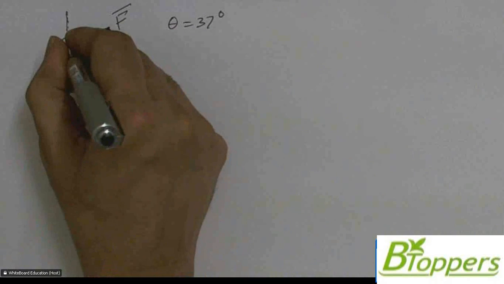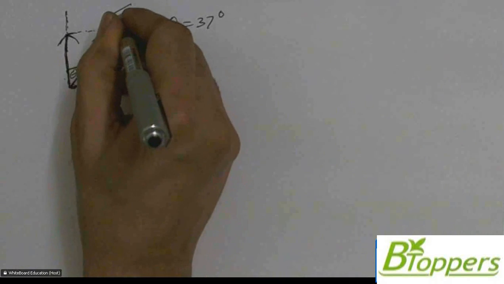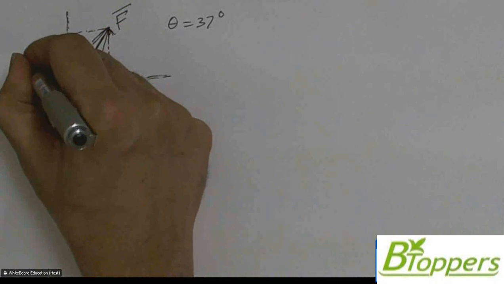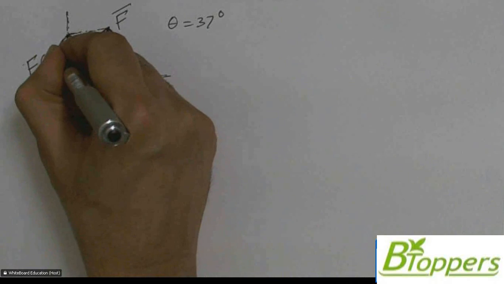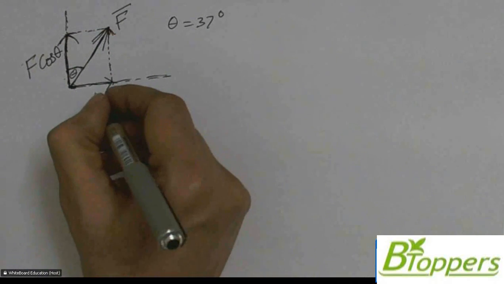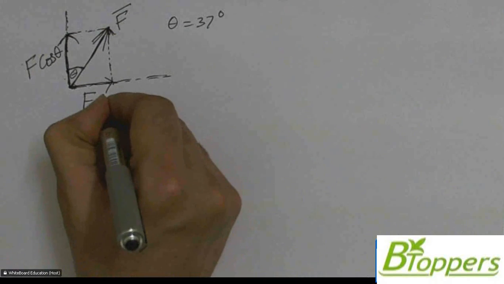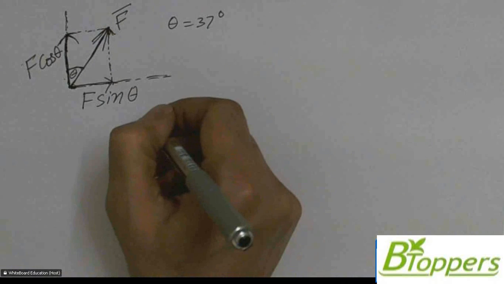So this component of the force which makes angle theta with the direction of the force F bar, that is the component which is adjacent to the angle theta, will have magnitude of F cos theta. And magnitude of the other rectangular component will be equal to F sin theta.